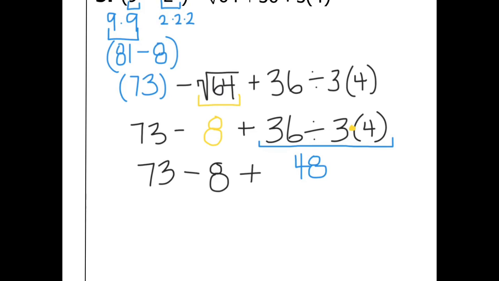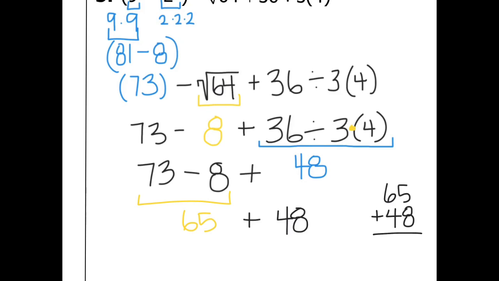I'm going to save space on my screen. 73 minus 8 is 65. And now I have to add that to 48. I have enough space over here. I can do that. 65 plus 48. These are all positive, which makes it a little easier. 113.